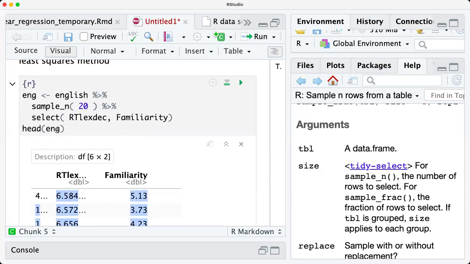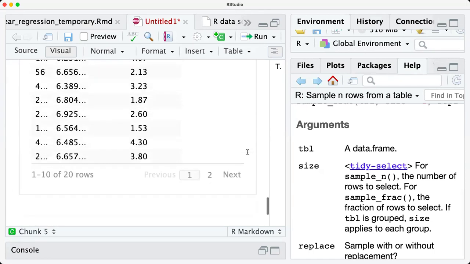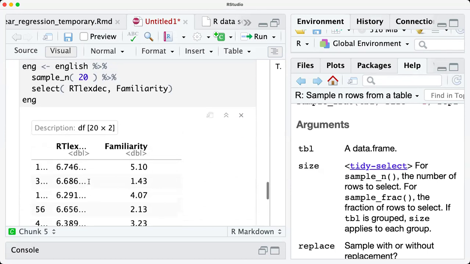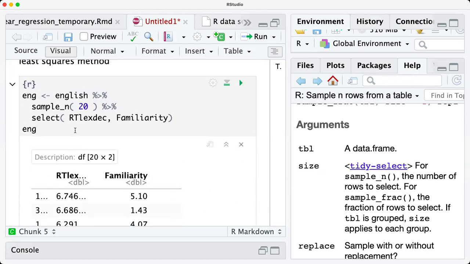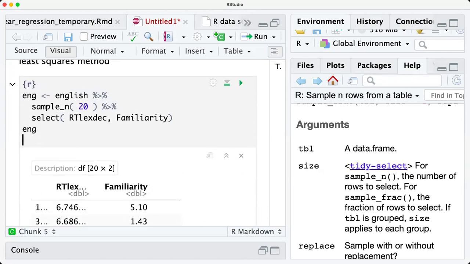I don't. Of course, I plotted only the first 6 rows, so head plots. Okay. So if I remove head, it should be 20 rows. Yes. So this command did what we wanted to do.